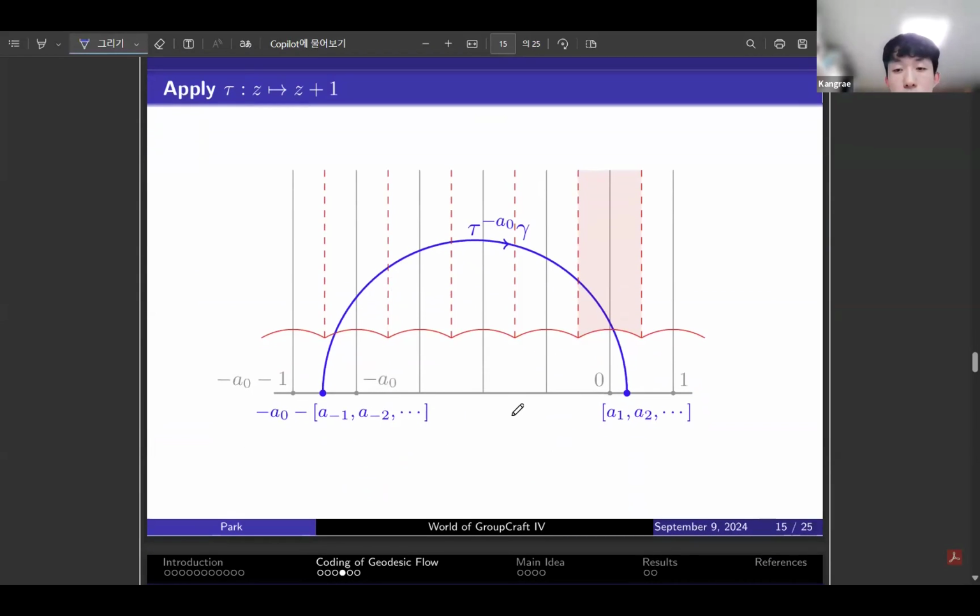So first of all, we apply tau. We use the translation tau, which sends z to z plus 1. Apply tau to the minus a_0 to gamma. So here, the geodesic is tau to the minus a_0 of gamma. So the terminal point becomes [a_1, a_2, and so on].